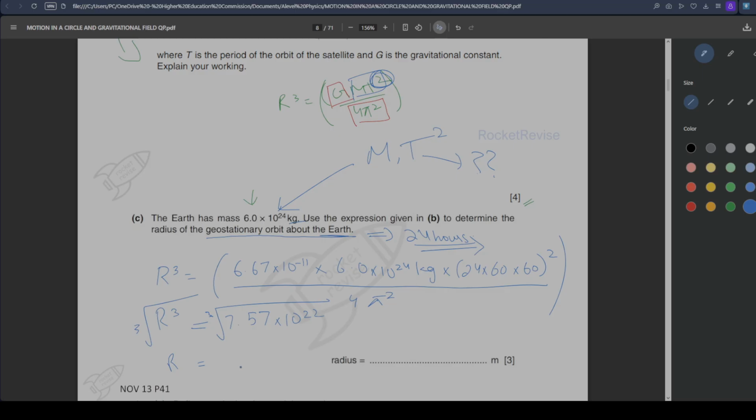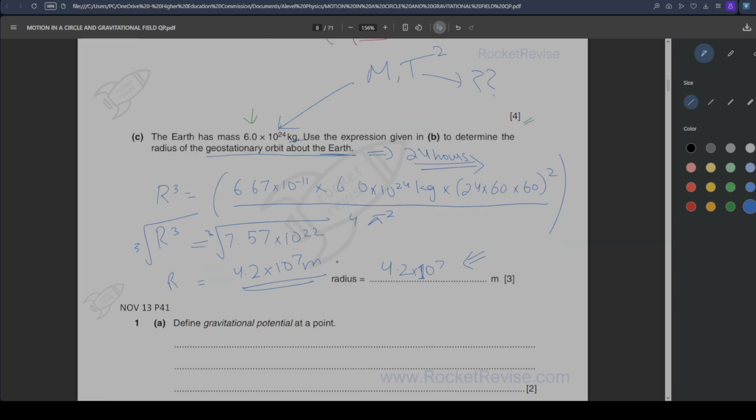That is 4.2 into 10 power 7 meters. That is going to be our answer. So if our orbit was geostationary, this is going to be the radius of that orbit around the Earth.